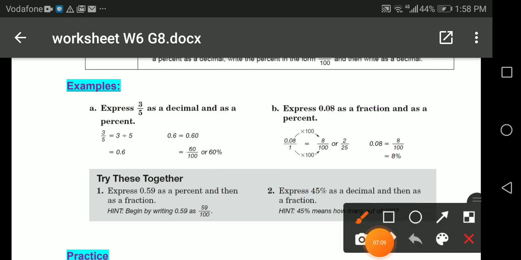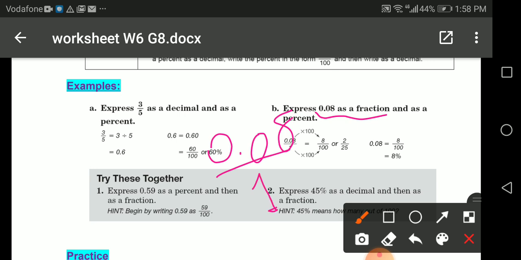Express the other one, 0.08, as a fraction and as a percent. Remember, as a fraction, how can we do it? So it's 0.08 over what? What do you think? 1, of course. So this is as a fraction. And I want it as a percent. I need the denominator to be 100. What happens to 1 to become 100?